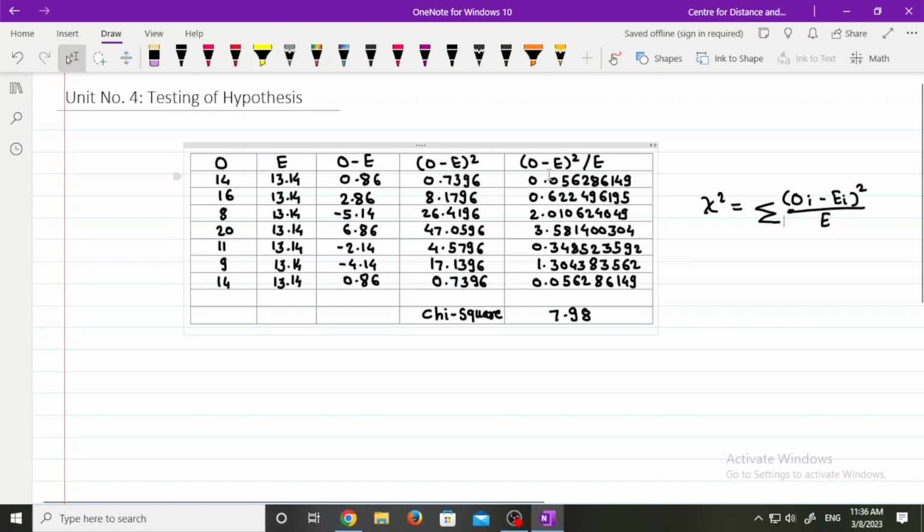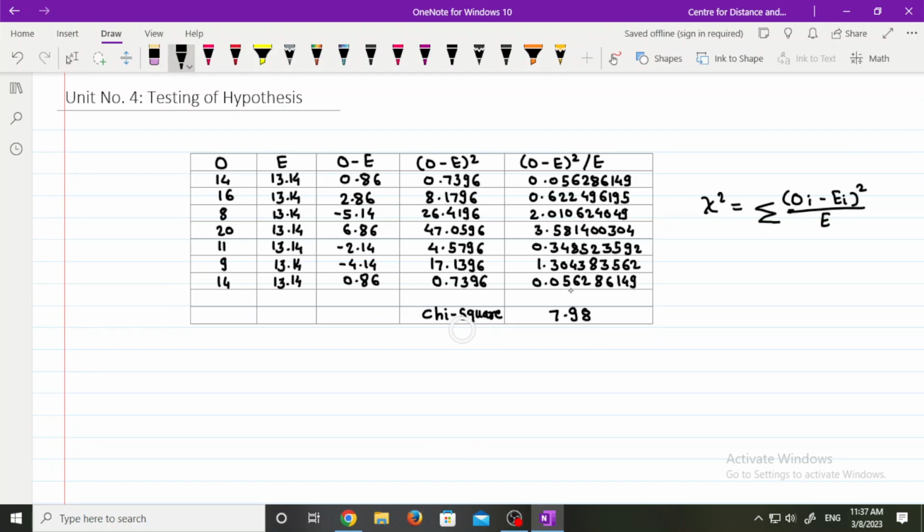Then O minus E bracket square, that is 8.1796 divided by 13.14, gives 0.622496195. Similarly, calculate all these values.